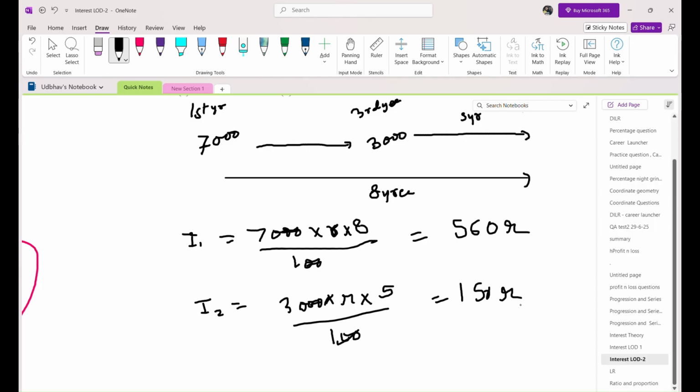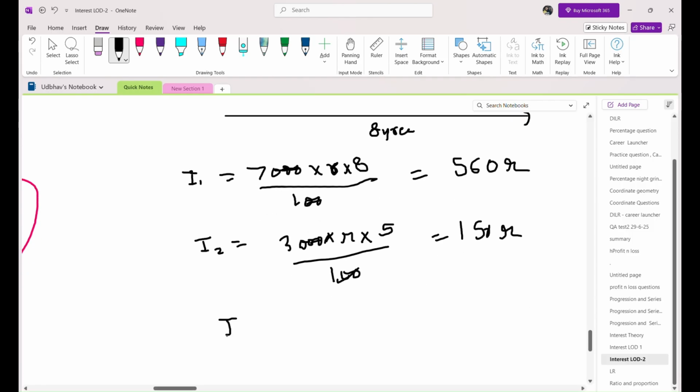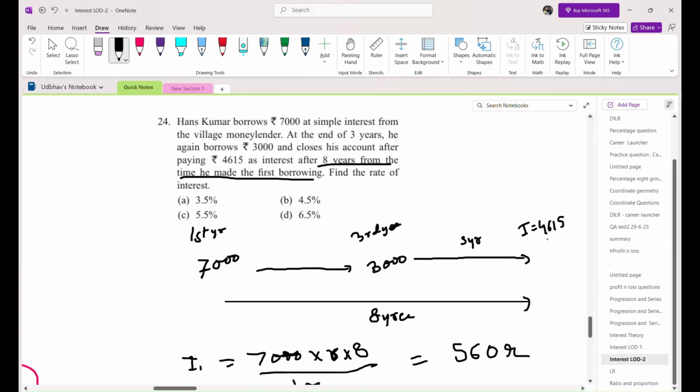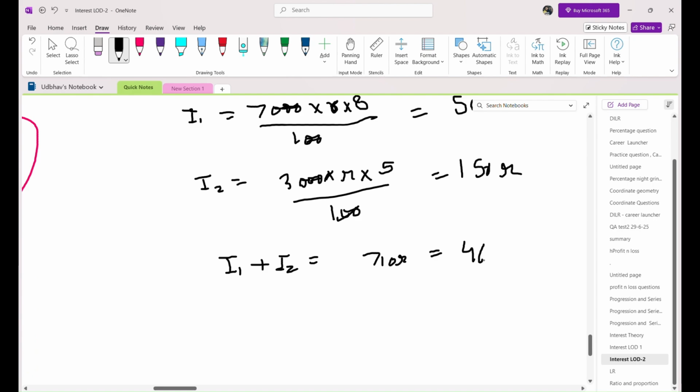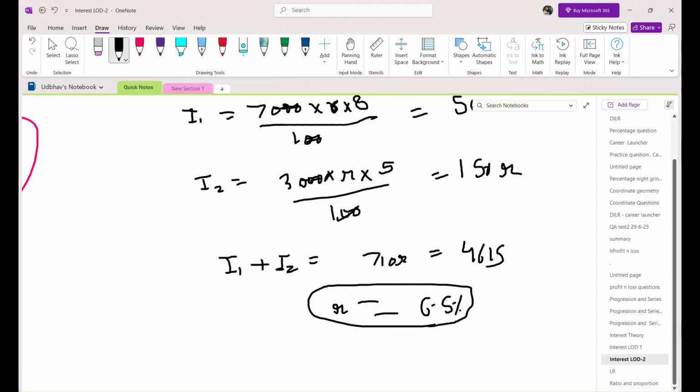So 560 plus 150, the total interest I1 plus I2, is 710R, and we are given 4615. So R comes out to be 6.5%.